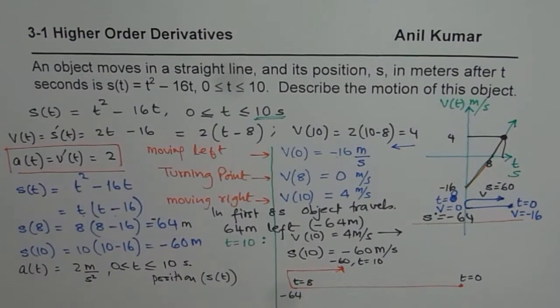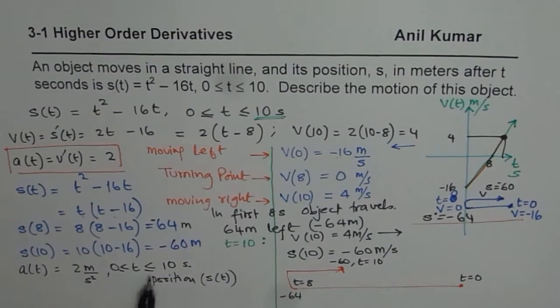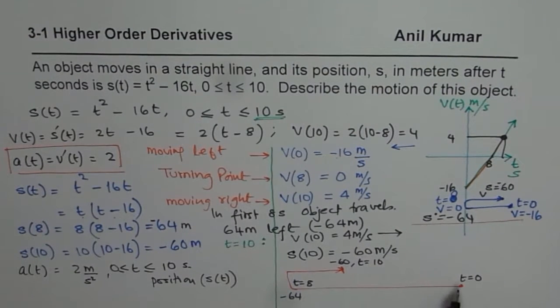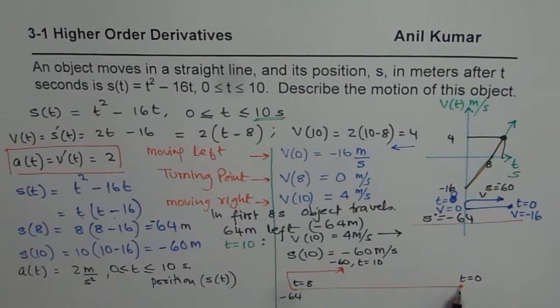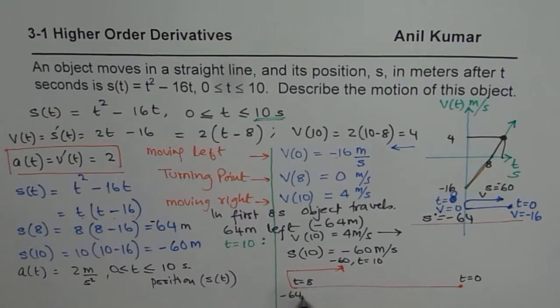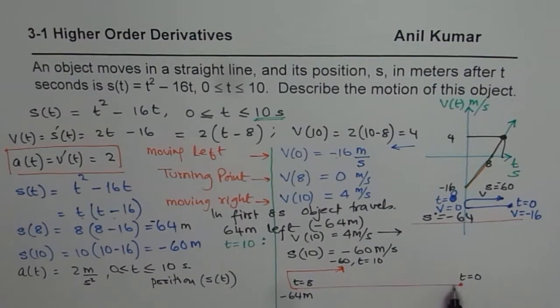Is it okay? So that is how you can describe acceleration. As far as the position is concerned, it changes from the initial position of 0, since it moves leftwards for 8 seconds. So it is minus 64 meters, and then in the next 4 seconds the object approaches the starting point, covers 4 meters, right?